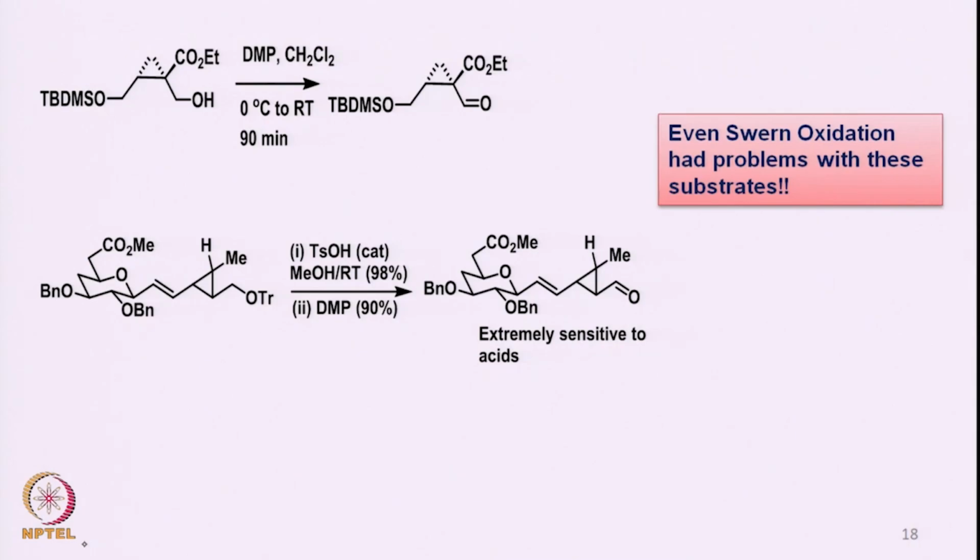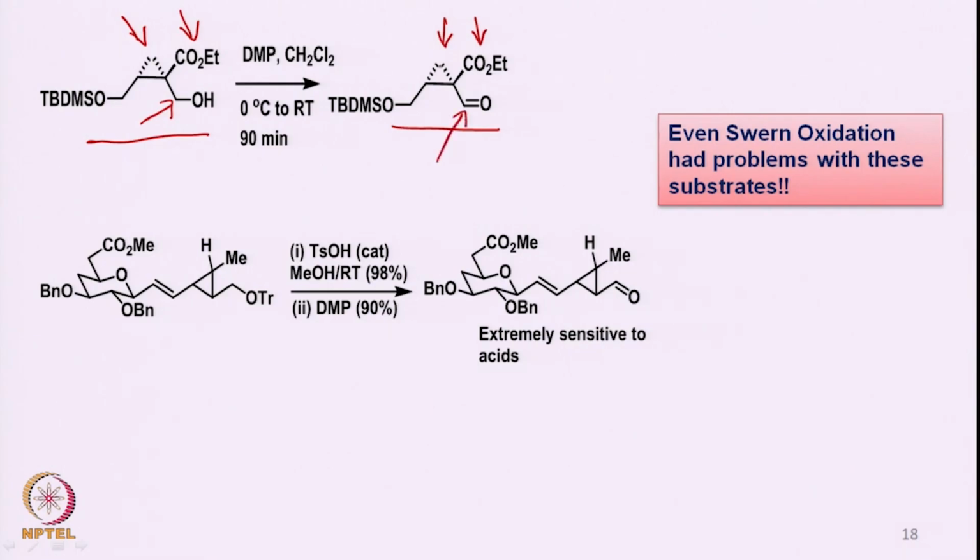Now you see the examples here. For example, here you have a very sensitive substrate where there is a cyclopropane ring here and there is an ester group here and there is an alcohol here. When this gets oxidized, you get a product where there is a cyclopropane ring, an ester group here and then an aldehyde group here.